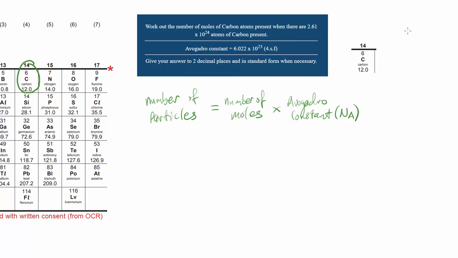In this case, we can also represent this in the other form, the particles, and that's an A. It looks like an O, but that's an A. Avogadro constant, Na.